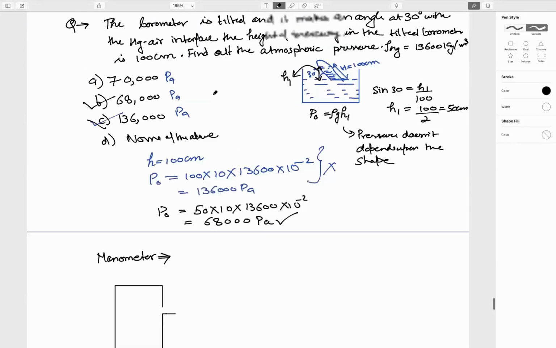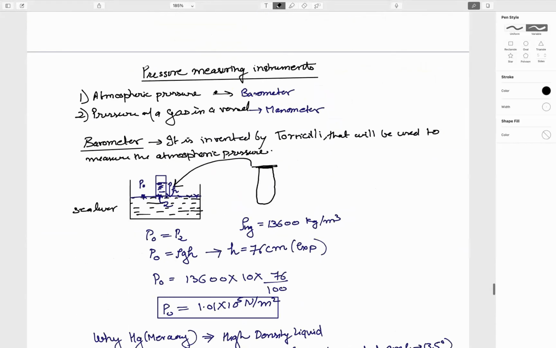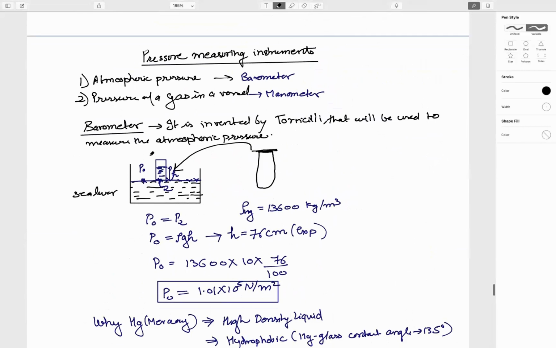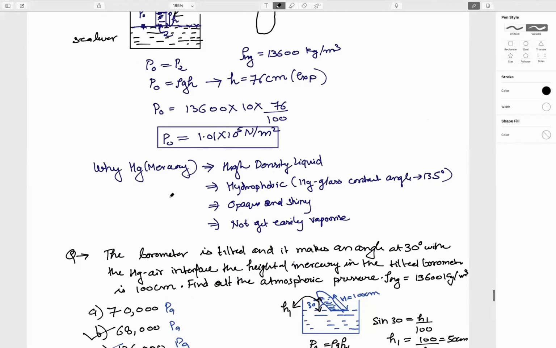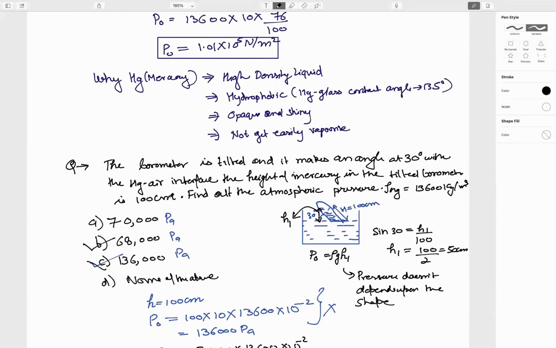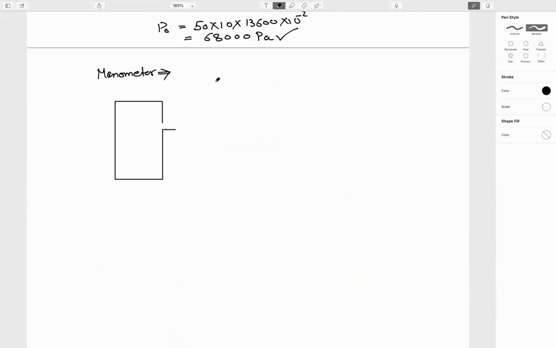I want to make one point here: in the case of the barometer, this is experimentally calculated, that is for mercury. You can take any other fluid also, and accordingly things will change with the density. There is a gas and it obviously has some pressure, and the manometer is also open to atmosphere.